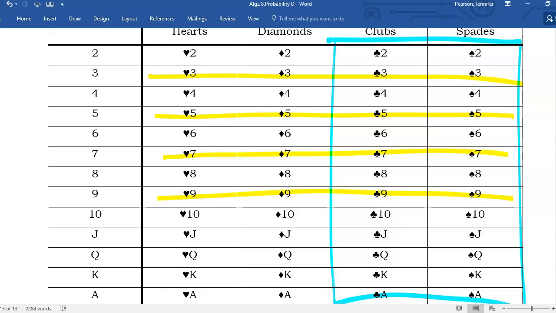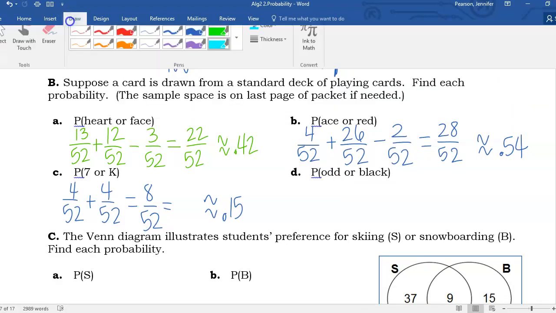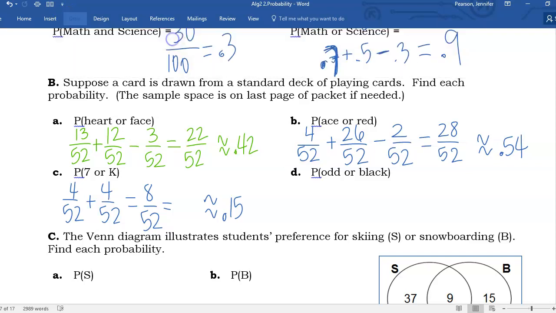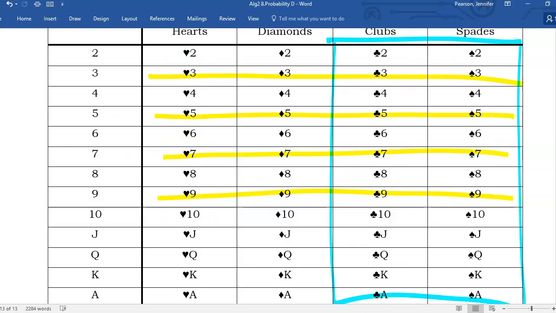Okay? Using our formula then, that gives us 16 that were odd, 26 that are black, but 8 of our odds are also black, so we subtract off that overlap. Make sure I count it right. 4, 8, 12, 16, 2, 4, 6, 8.